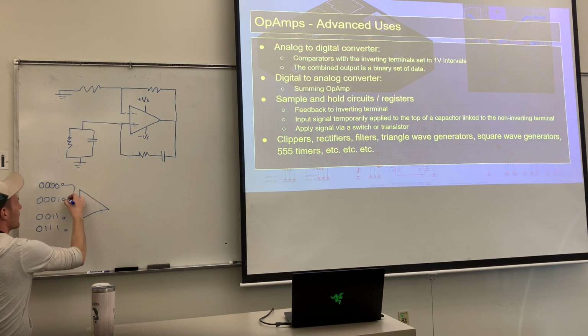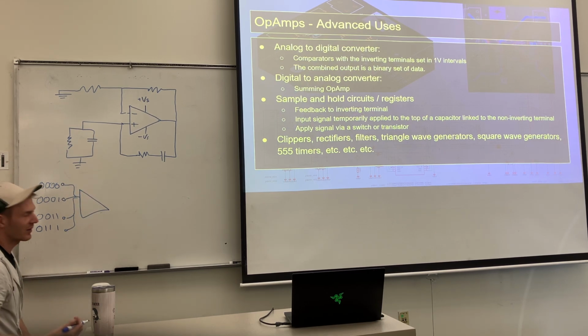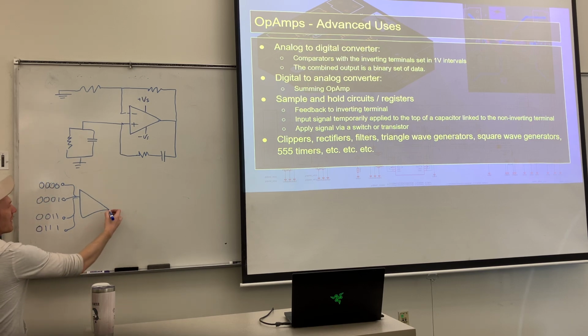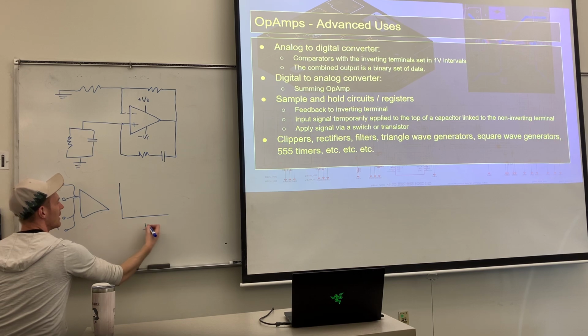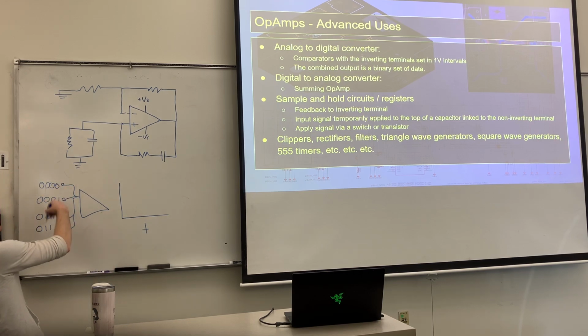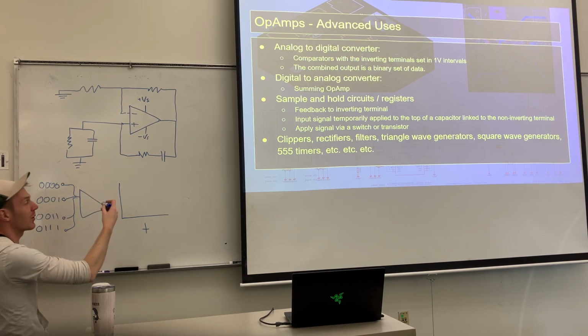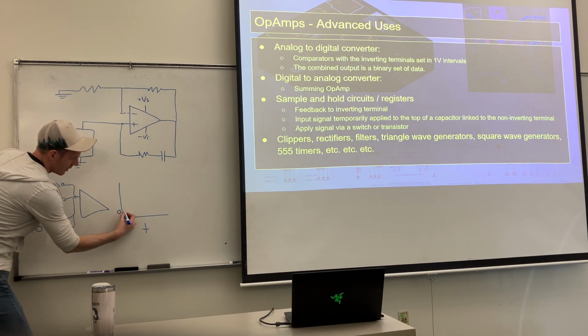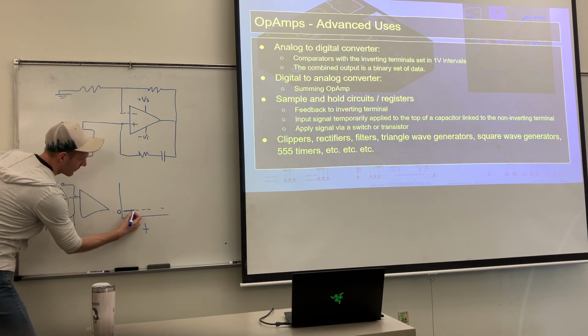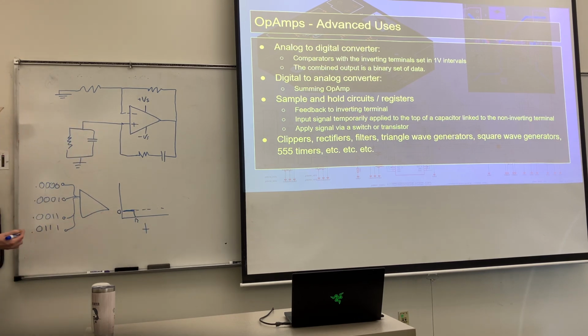If you feed those to a summing op amp, that's not a triangle. We're just gonna make this very simple and just connect them like this, but those resistors still need to be there. You feed them into a summing op amp, and your output voltage over time, with each increment being however long your clock period is, right? So at the very first clock impulse, you see 0, 0, 0, 0. It sums them. We're gonna call that 0 right here. It sums those for the very first clock input.